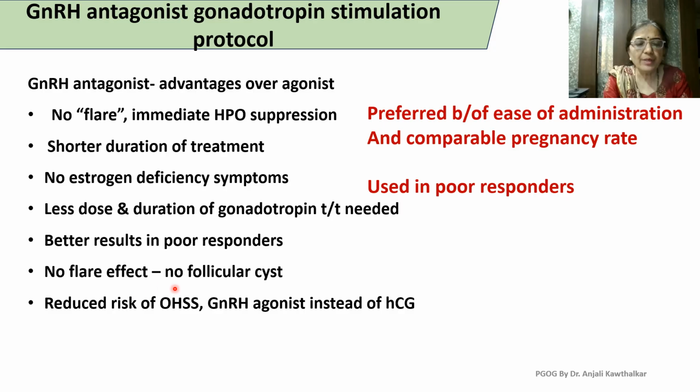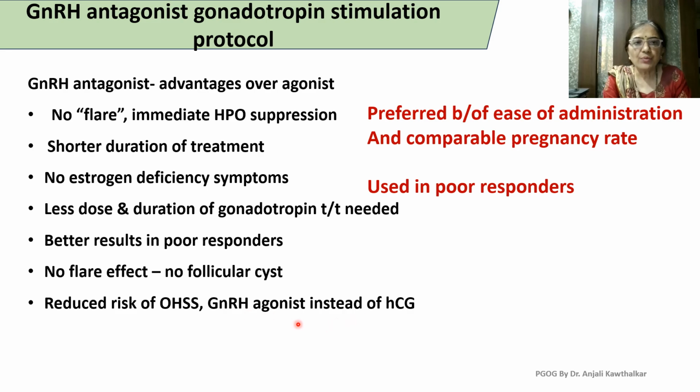There is no flare effect, no follicular cyst formation, as sometimes with agonists, there is follicular cyst formation, which sometimes leads to difficulty even in oocyte retrieval. There is reduced risk of OHSS. GnRH agonist can be used instead of HCG for the final stage of oocyte maturation.